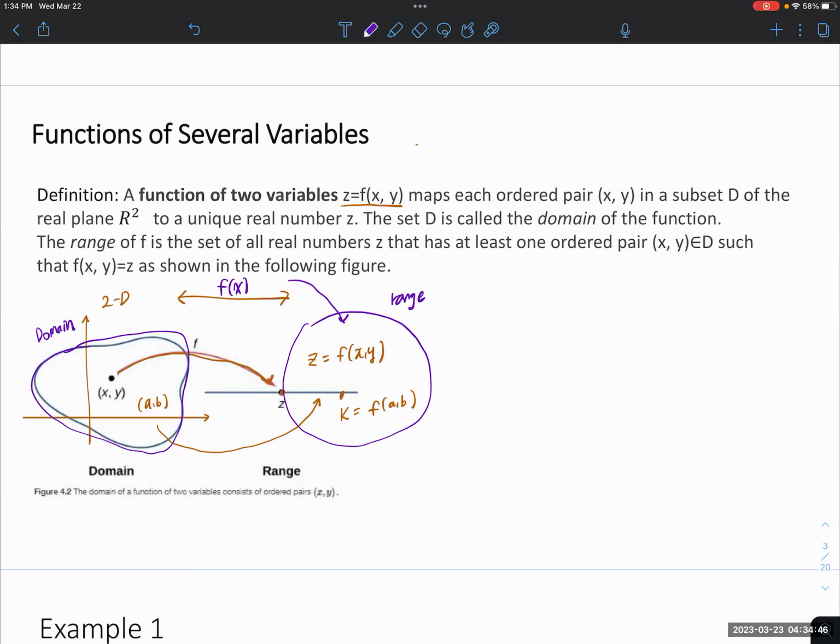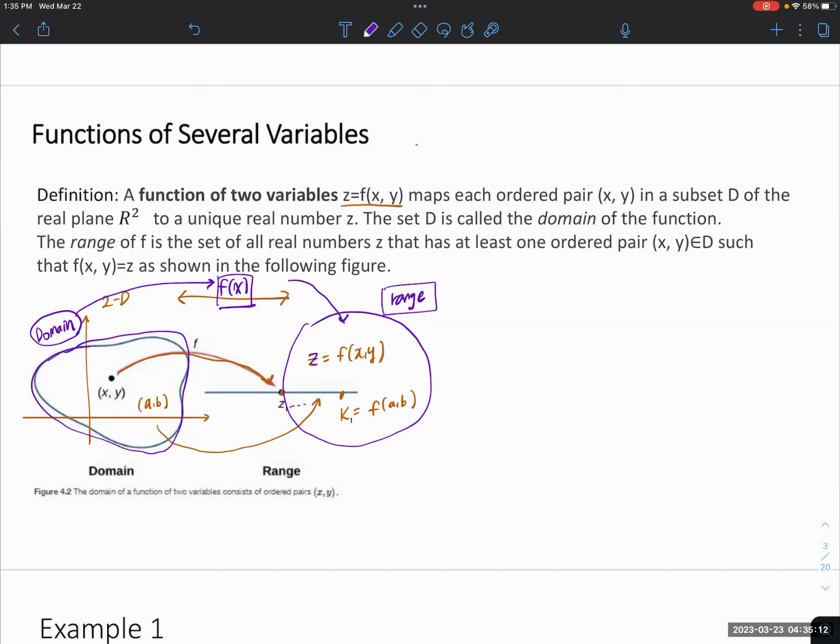You can think about input and output. Your domain is passing through whatever the function is. It could be any function. You're passing through this system and you will get the outcome. And then when you collect all the possible z, you can have z1 through z infinity or k1 through k infinity. All those outcomes are going to be in your range.